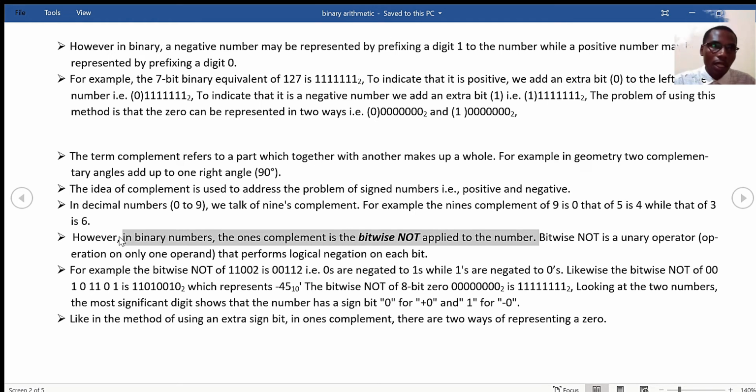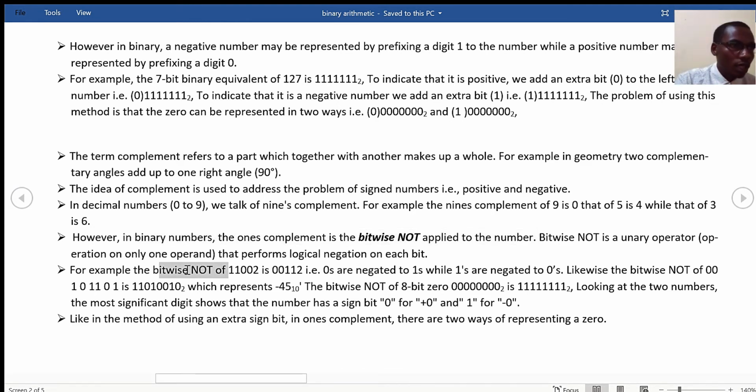How is it used? When you are complementing a binary number, for example, let us say the bitwise not of a binary number, this one. Let us be together. The bitwise not, we are saying this is a complement of a binary number, but it is not done the same way we have done for the 9's complement.